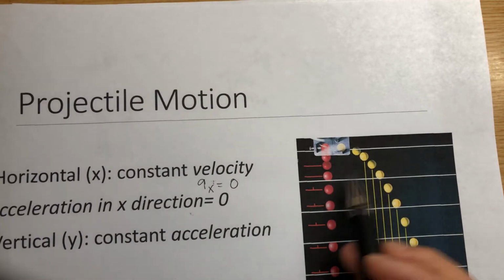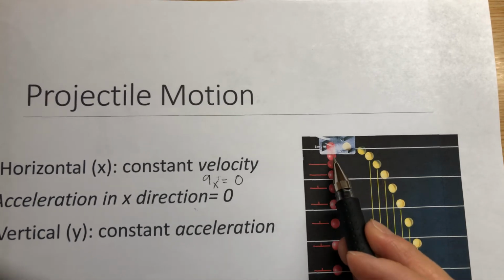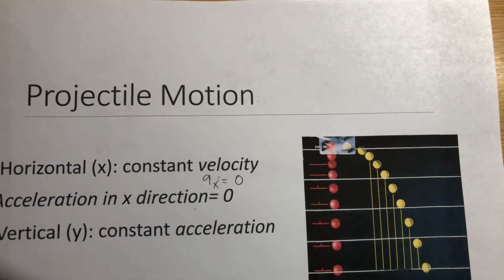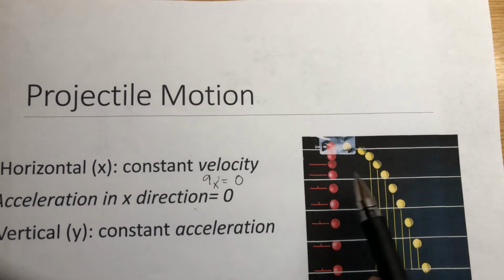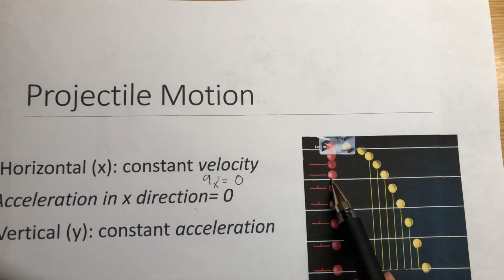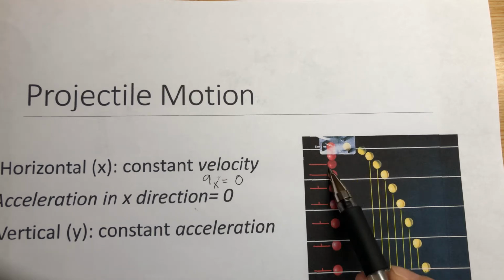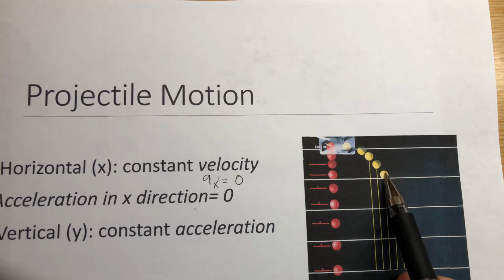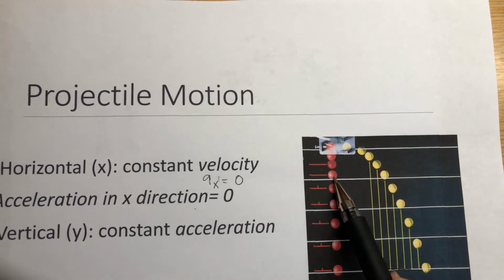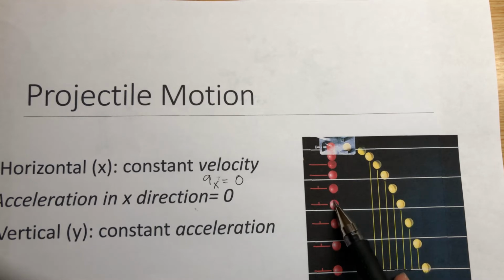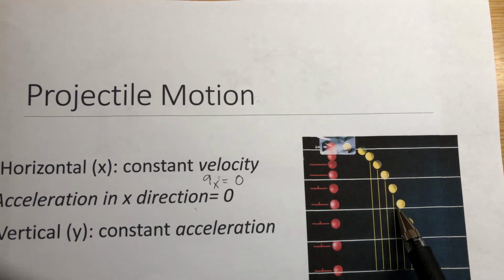So these are 2 balls. One is just vertically dropped, the other one is in projectile motion. And at the time interval, it's moving at the same speed. So at the same time interval, it's moving vertically down.